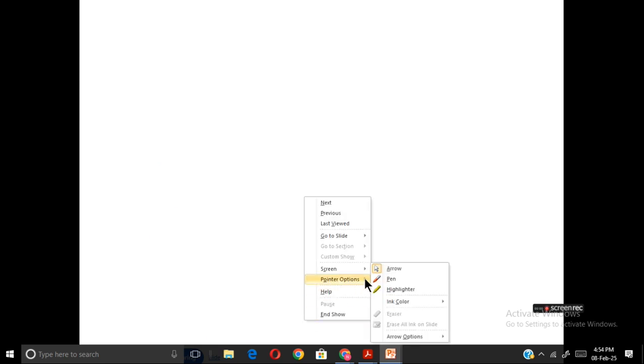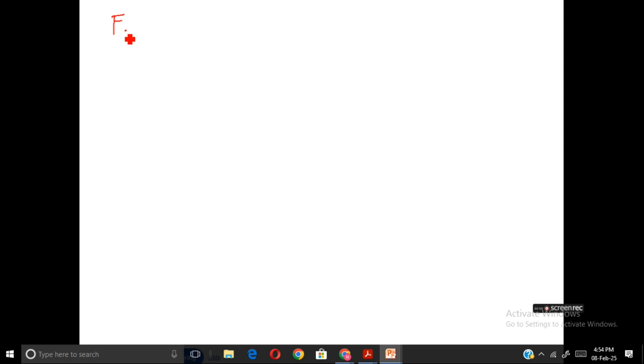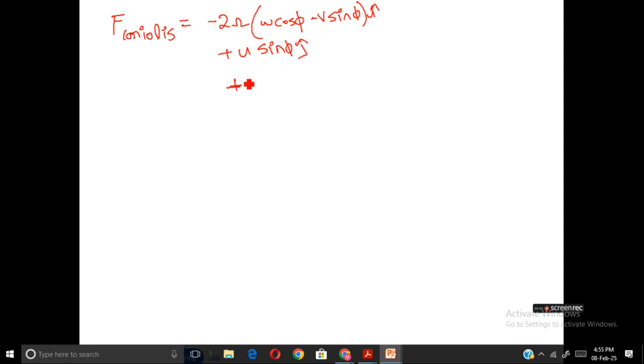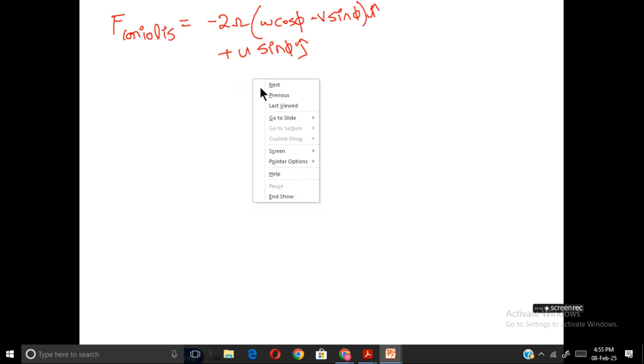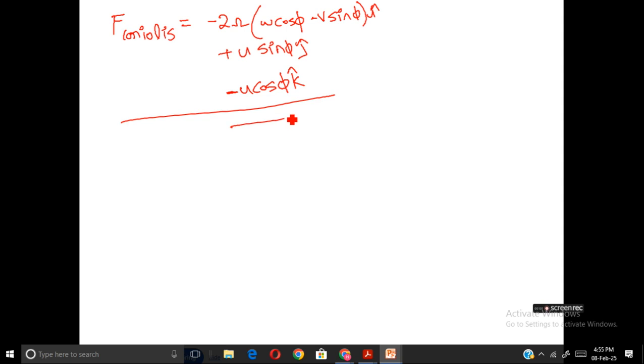So in terms of components, along different directions, F Coriolis can be written as minus 2 omega into omega cos phi minus V sin phi, which is along the i direction, plus U sin phi along the j direction, minus U cos phi k along the z direction.